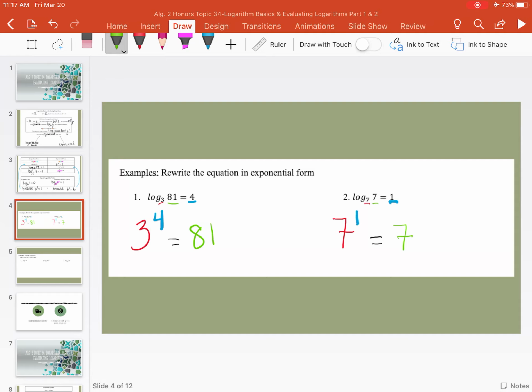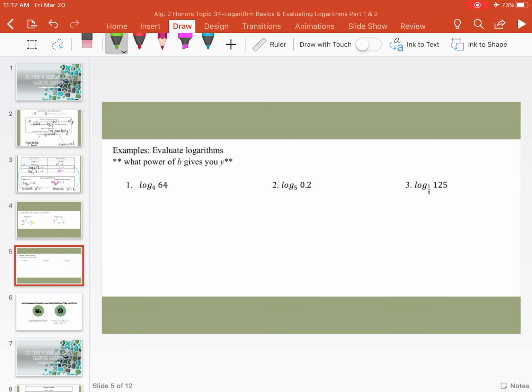Okay, let's try evaluating some logarithms. Sometimes we're not given what our value would equal in the end. We have to figure it out. So we're trying to figure out what this equals. And notice this is like our answer here, where it was given in the examples before.